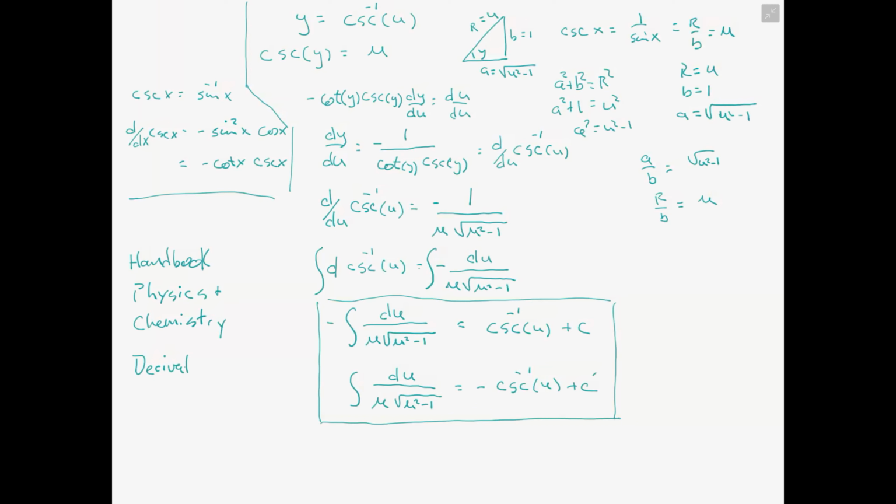They have differentials, derivatives, and they have integrals. And what they do is they give you the final form. If you have an integrand of this form, then you have a result like that.